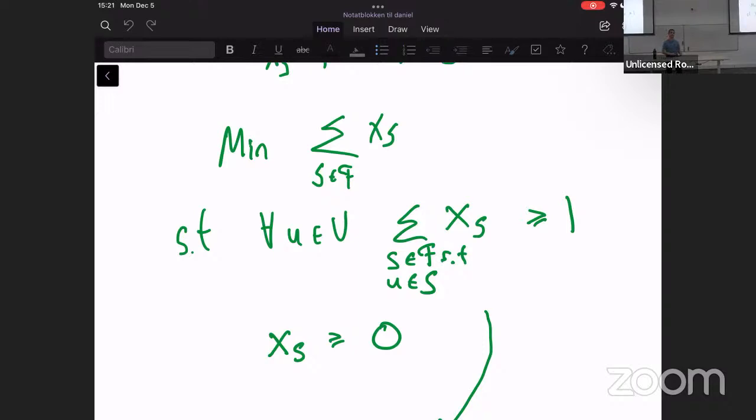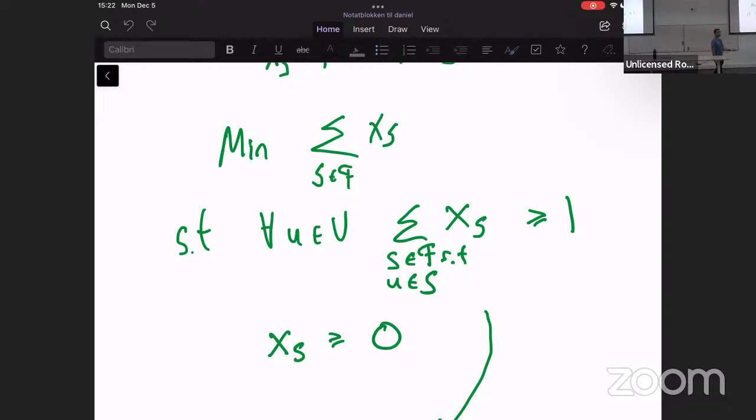And of course, we don't want to be able to pick sets like -1 picking a set. So we say that x_S is at least 0. We could also enforce that it's at most 1, but we don't have to. Why not? Exactly.